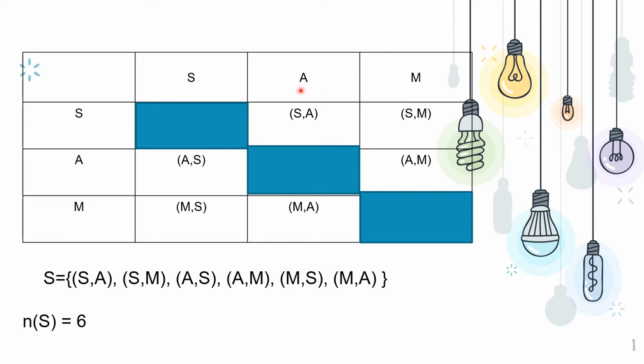So SS, AA, and MM are blocked out. Then we just fill up the table: SA, SM, AS, AM, MS, and MA. So we still get the same answer.